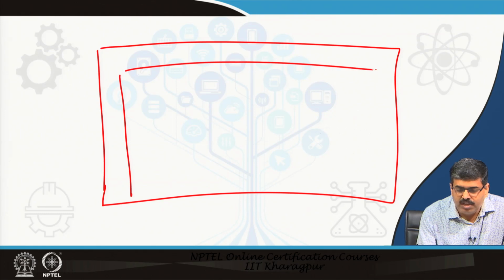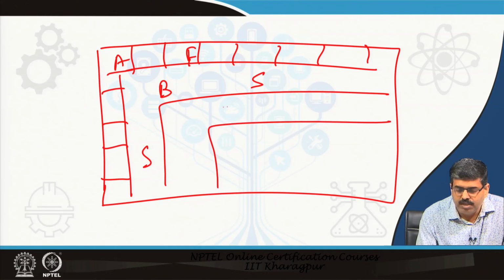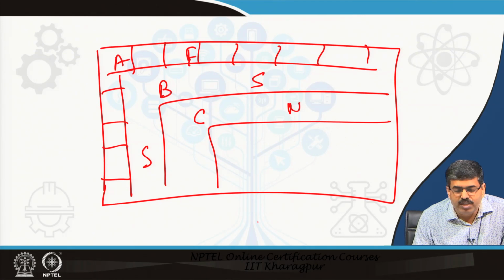And what did we say? These were my AF, these were my BS, and these were my CN. This was the pattern in which we did.